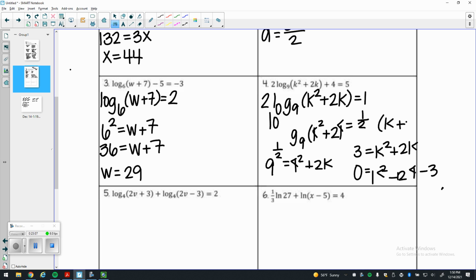So (k plus 3)(k minus 1) equals 0. So your answers are negative 3 and 1, and they both work. Try doing number 5 for me, please.